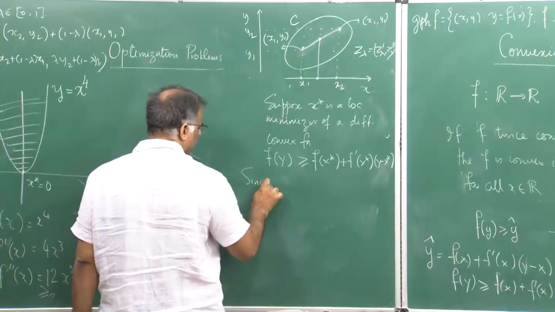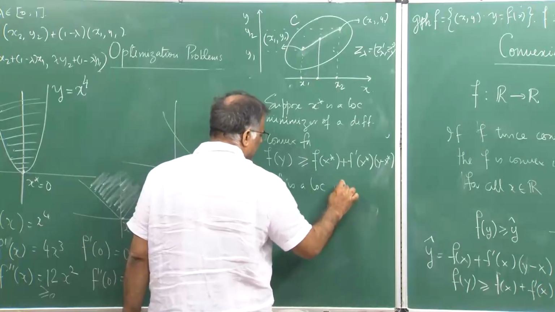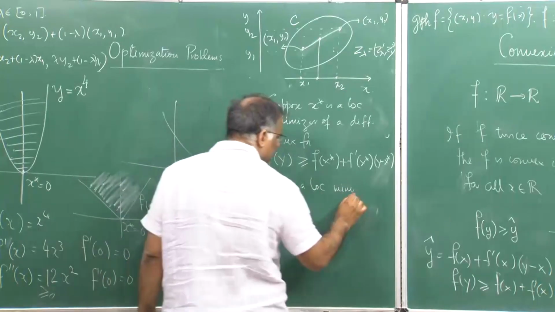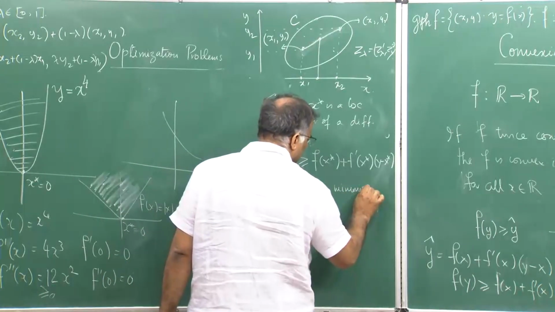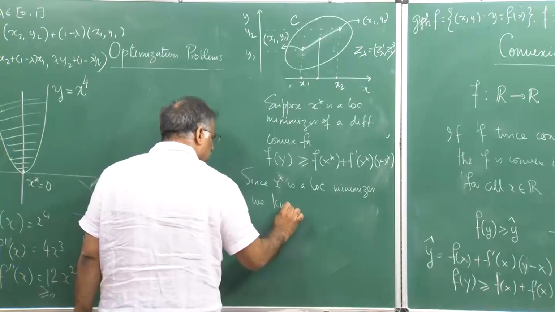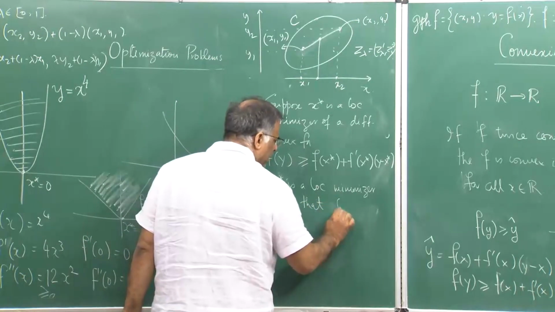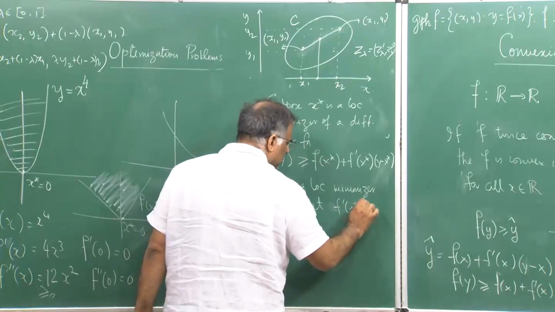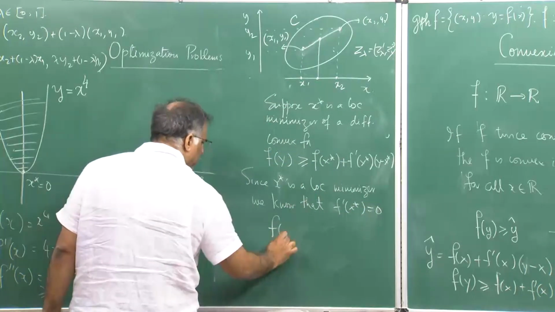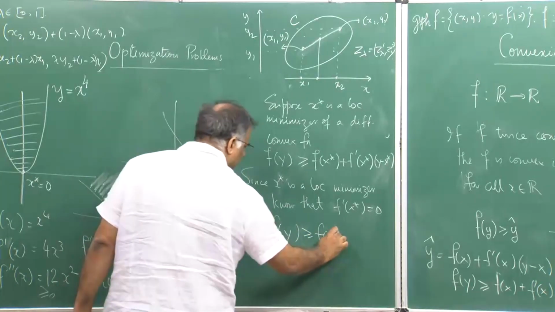Let us plug that 0 in here. So it implies f(y) is greater than or equal to f of x star.